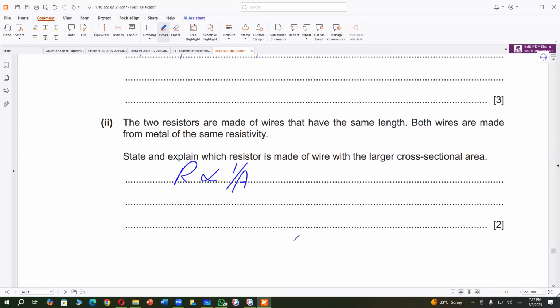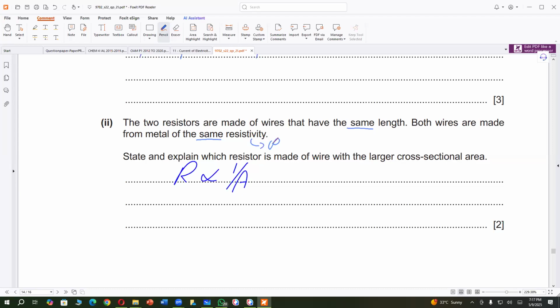The two resistors are made of wires that have the same length, but wires are made from metal of the same resistivity. Which resistor is made of wire with the larger cross-sectional area?